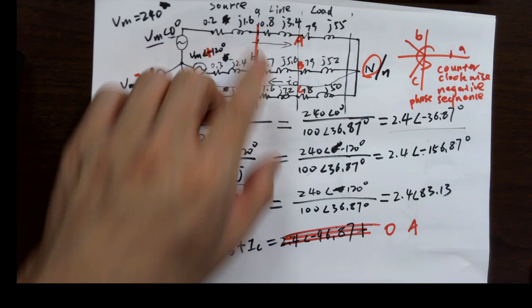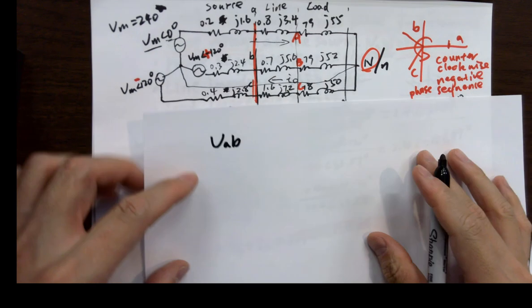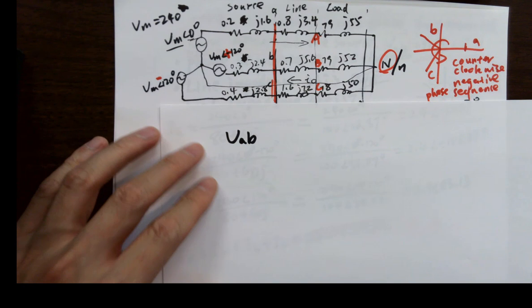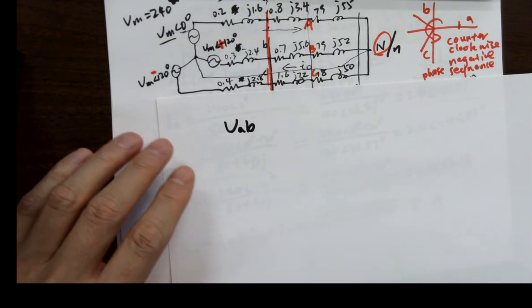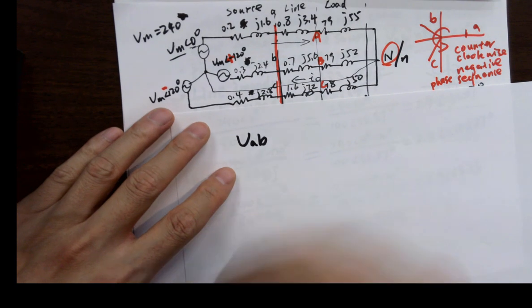So if you know VA and VB as a difference, like VAB, could you find out VA and VB separately? How do we do that? Think about it. You can go through this process briefly. What is given is, we know that it's balanced, right?